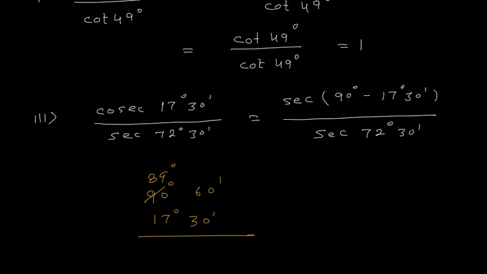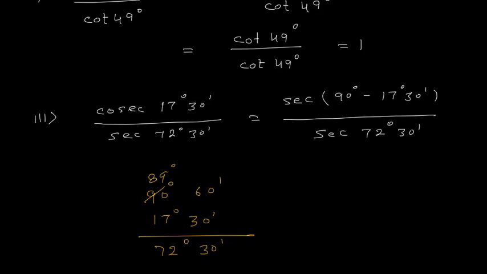Now from 60 minute we subtract 30 minute, we get answer as 30 minute. And from 89 degree we subtract 17 degree. So 9 minus 7 is 2, 8 minus 1 is 7. So it is 72 degree 30 minute.